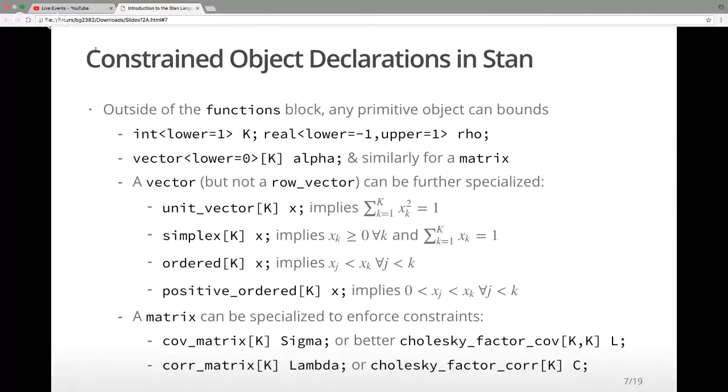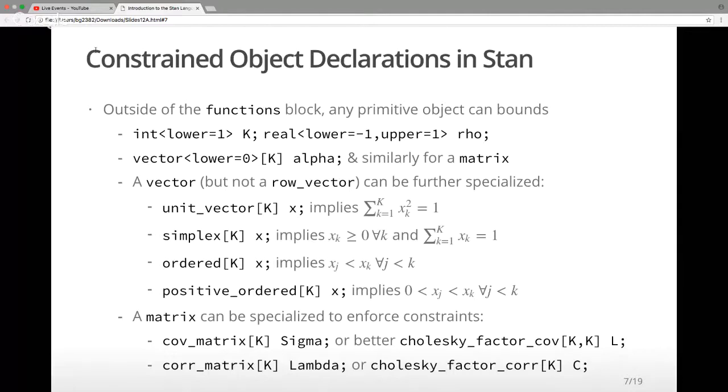You can have ordered. So ordered is implicitly a vector. There's no underscore vector after that. But you can declare an ordered vector of size k. That implies inequality restrictions that each element is bigger than the previous one. And positive_ordered of size k is the same thing as ordered, but it implies the first one, and consequently all of the subsequent ones, are also greater than 0.